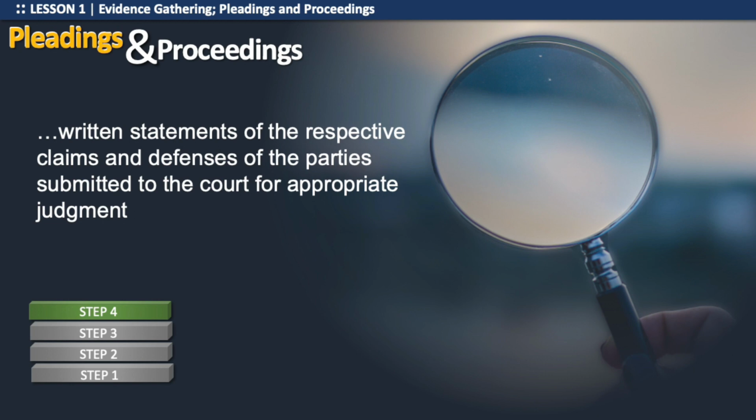Okay, they use the word pleadings a lot in civil cases, but you won't be dealing too much with those. I think the most important point here is that formal pleadings are not something that you, as an investigator, would be involved in. The extent of your involvement is really on the complaint and gathering the attachments for it.